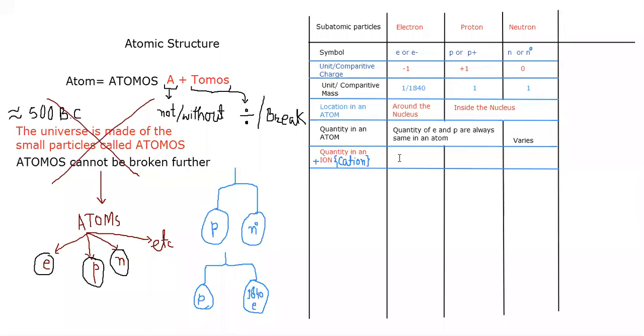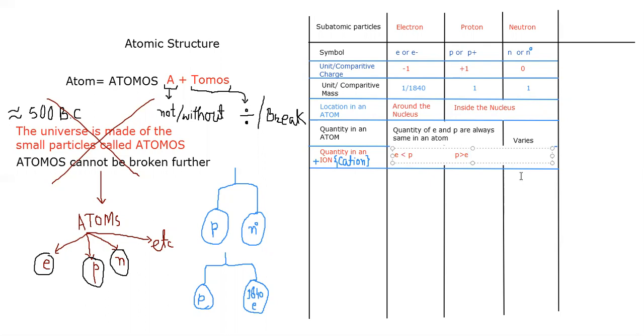Remember one thing. In an ion, the quantity of electron is always less than proton. I'm mentioning the words less than. In a positive ion, the quantity of proton is always greater than electron.